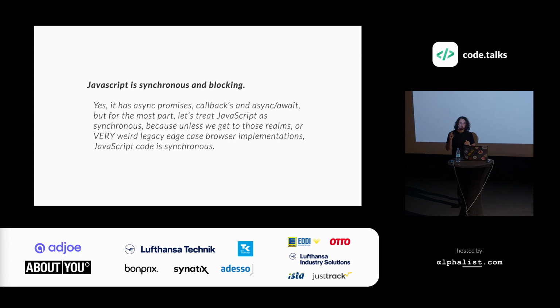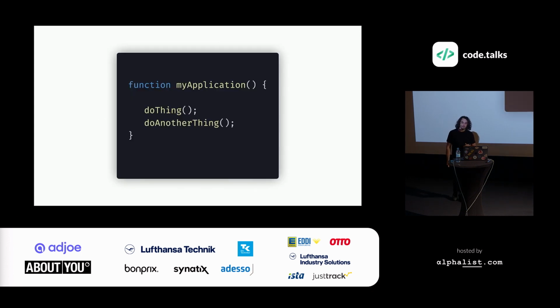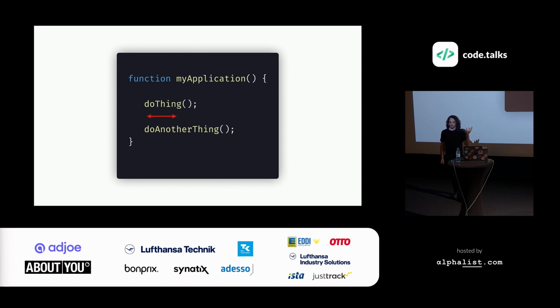Nothing can change the variables that we have inside a function that currently is running. So if I have this function, my application, and it has two lines of code, do thing and do another thing, I know that if these are not promises or anything, nothing between do thing and do another thing can come in between and change the values or variables that are declared there.